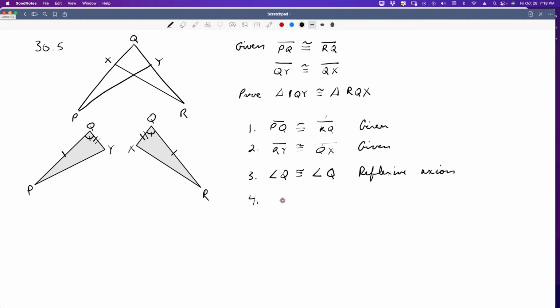So that proves triangle PQY is congruent to triangle RQX because of the side-angle-side congruency postulate, however you want to write that. Right? So you see that side angle side, side angle side. Easy peasy.